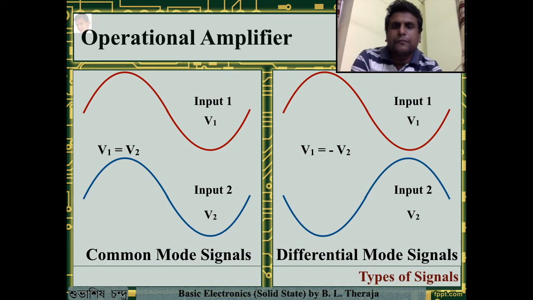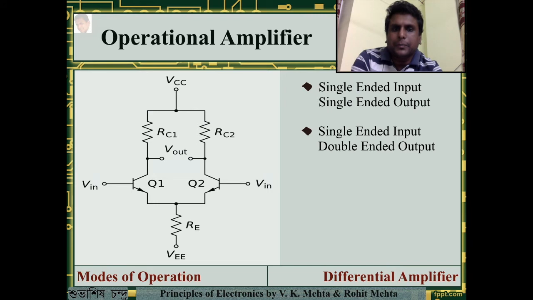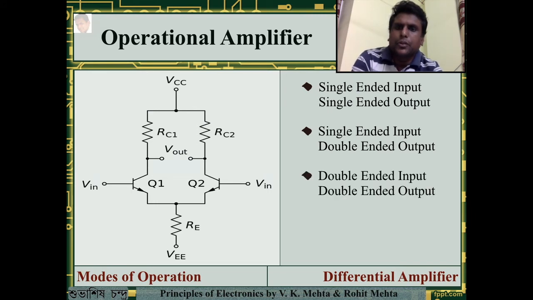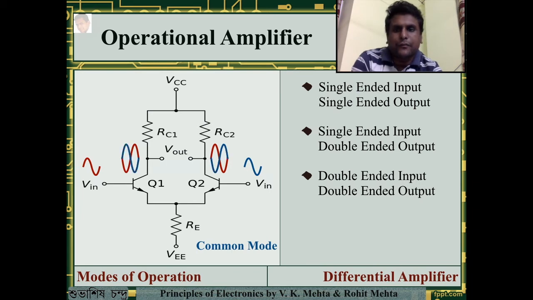Let us look into the first kind of that, double-ended input, double-ended output. So we will provide input to both the terminals and we will receive the output from both the terminals. First, we will look into the common mode signal. So we apply one signal to Q1. These are its output waveforms. Then we apply another signal to Q2 and these are its output waveforms. It must be noted that the red and the blue waveforms are the same.